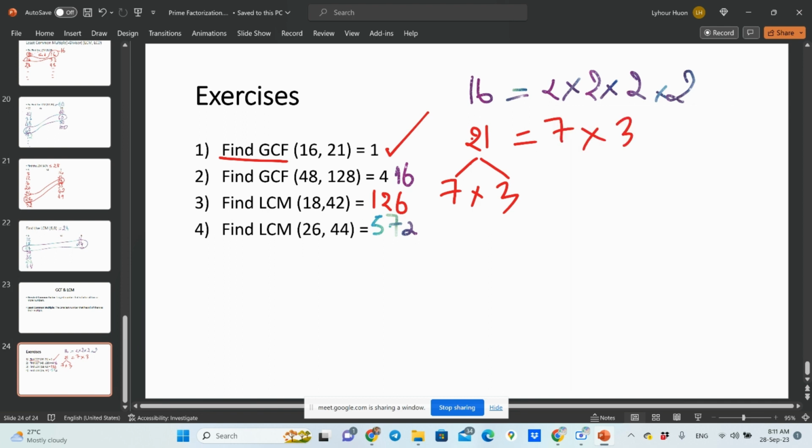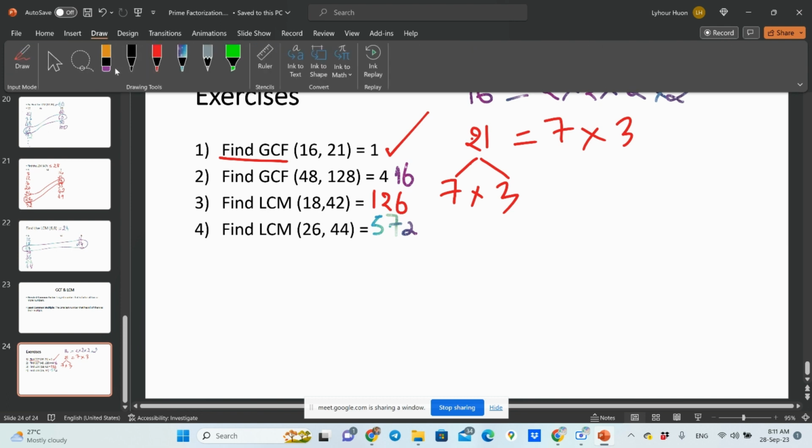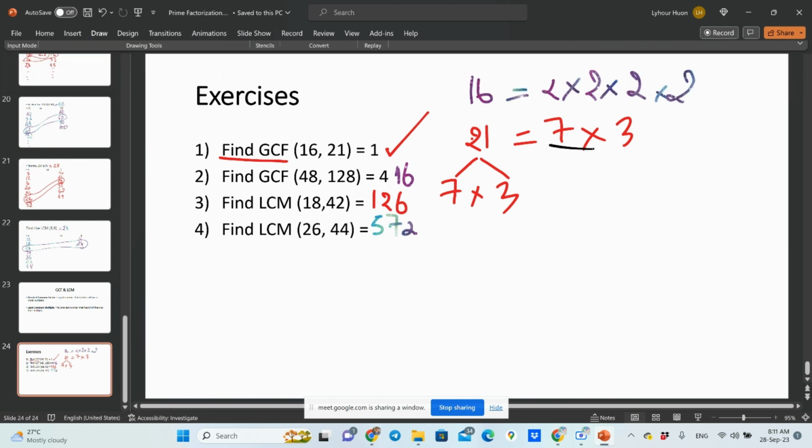Which means there is no common prime factor, right?